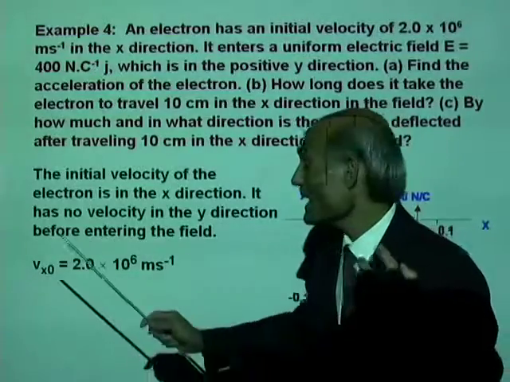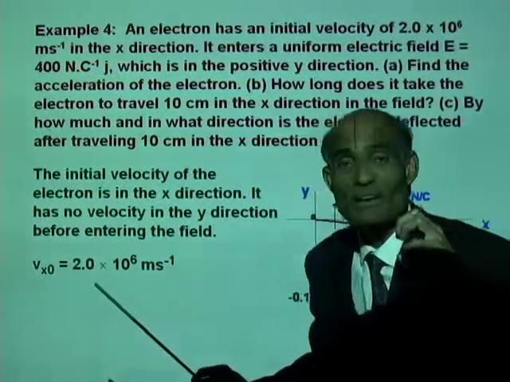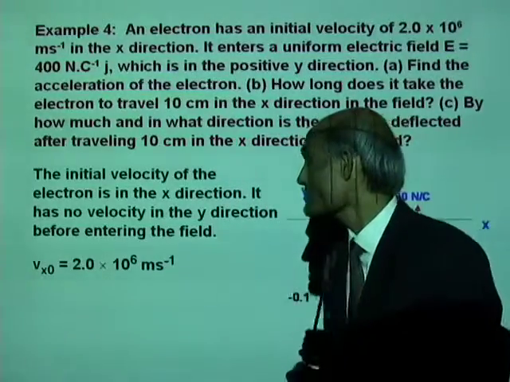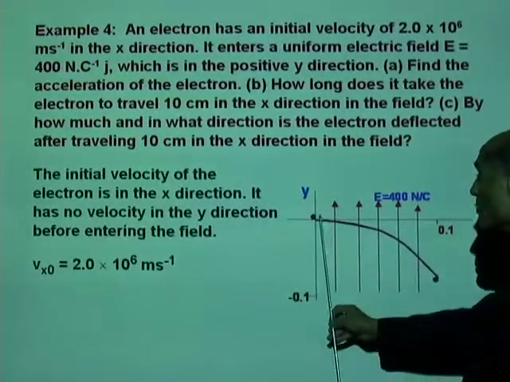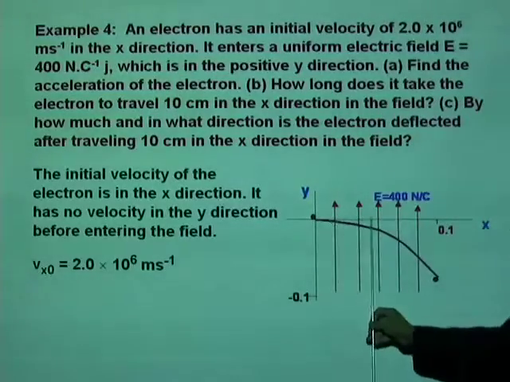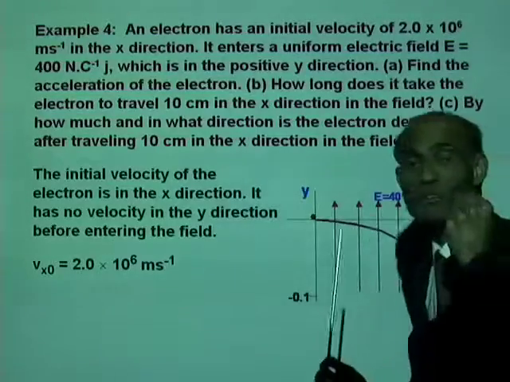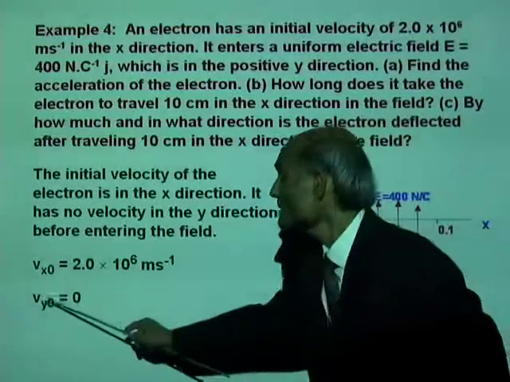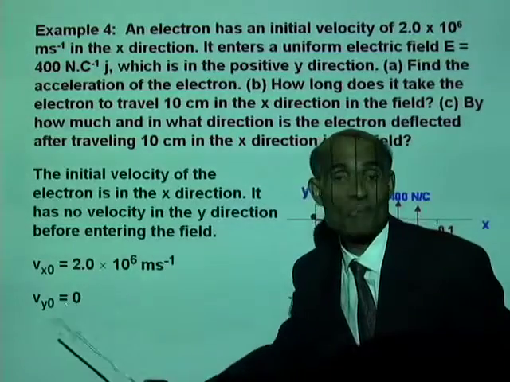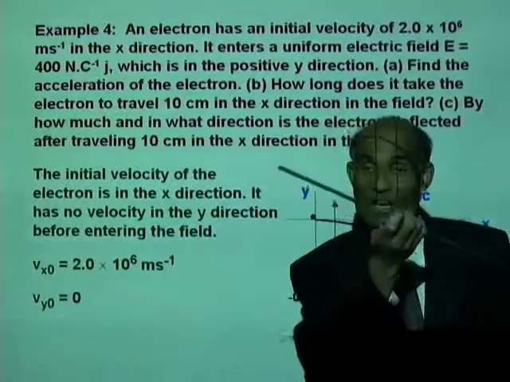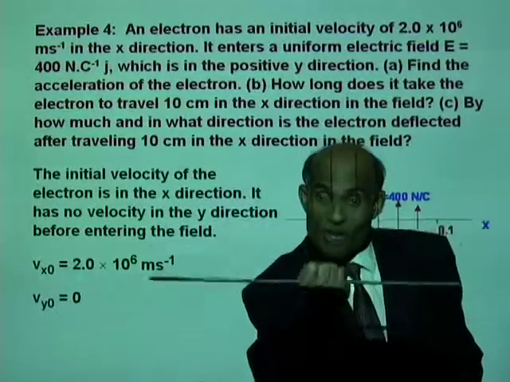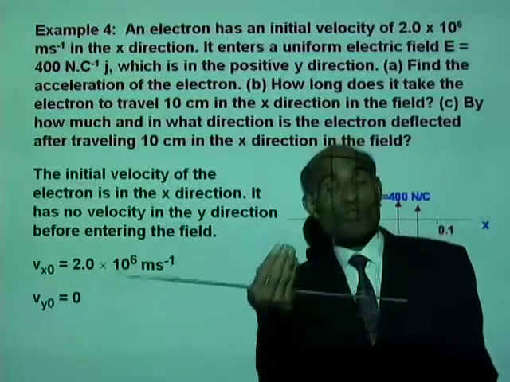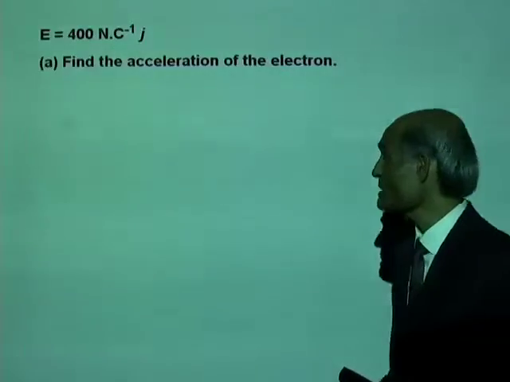That means this Vx0, 2 times 10 to the 6th meter per second, will remain constant as the electron moves through the electric field, because there is no force in the x direction. Vy0, the initial y velocity, is 0. And as the electron travels, its y velocity is going to increase. Just like the basketball falling, the electron will fall. Its y velocity will increase.